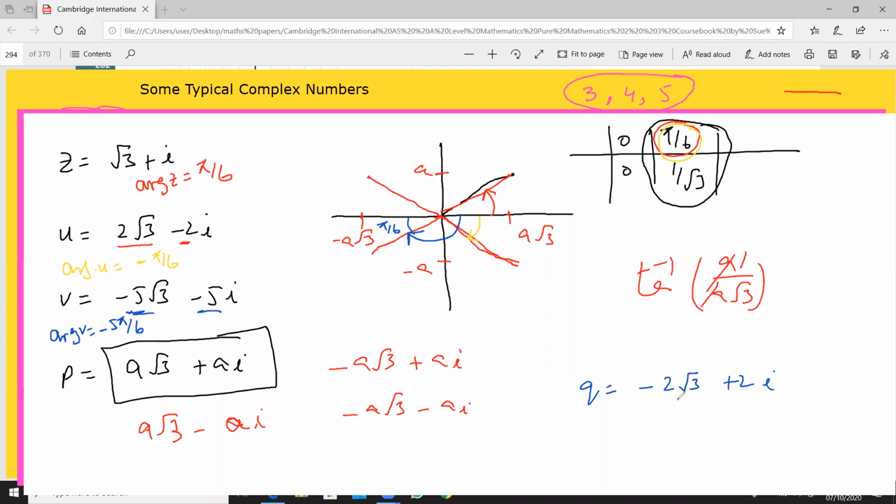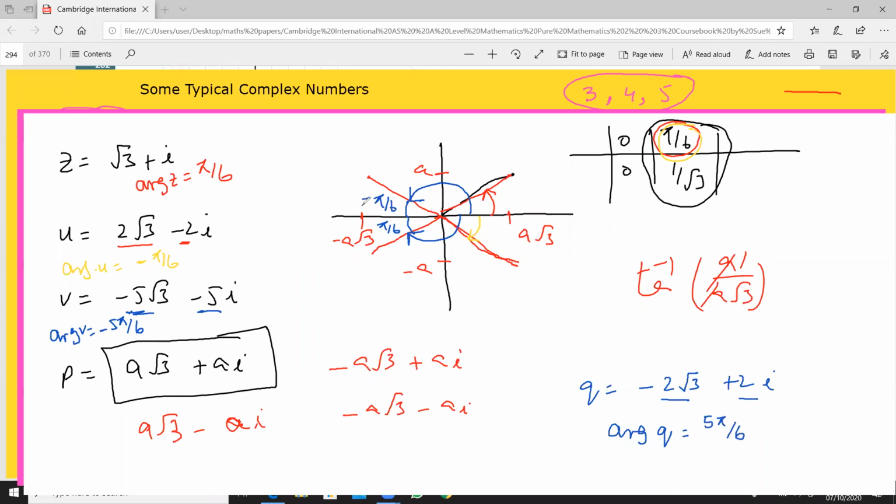That is the second quadrant because this is minus, this is plus. So we are in the second quadrant over here, and we are again clear that this angle is going to be pi by 6. So how much is this argument here? That is 5 pi by 6.